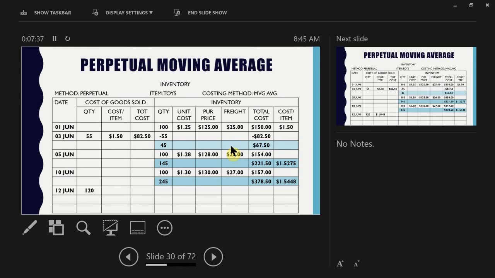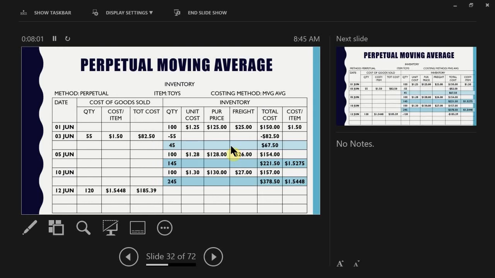At what cost are we going to sell each item? Exactly, 1.5548, because we calculated a new average. So now we have this right here, 1.5448 multiplied by that 120.